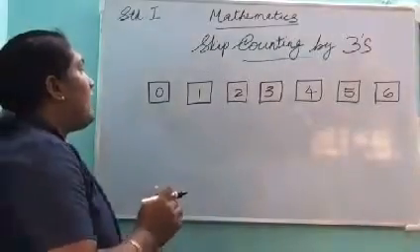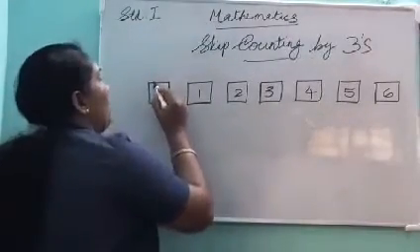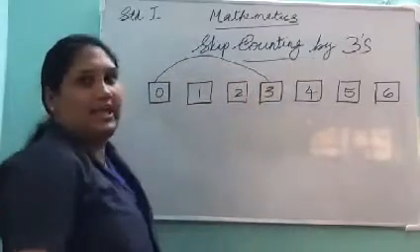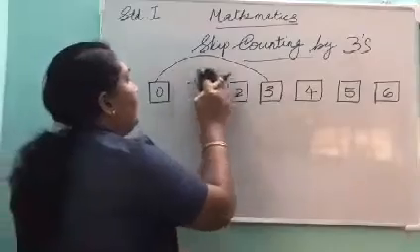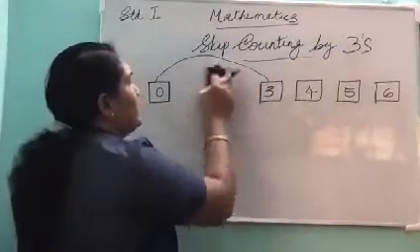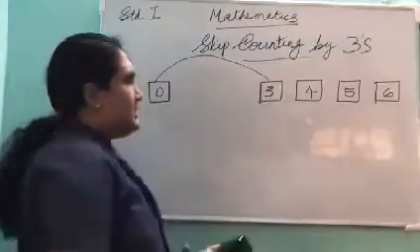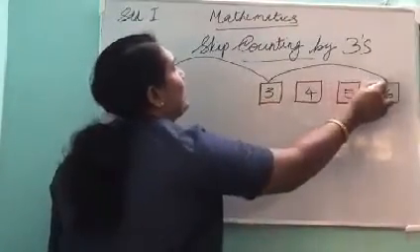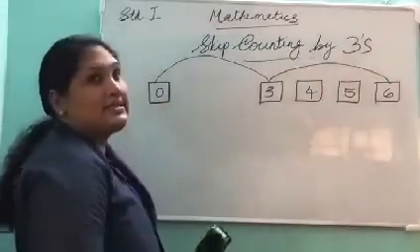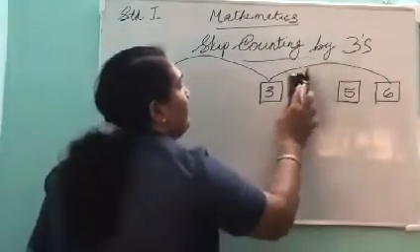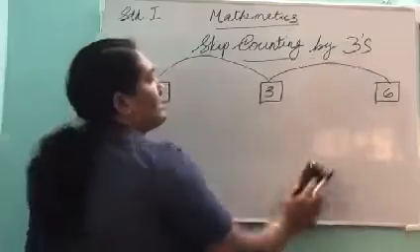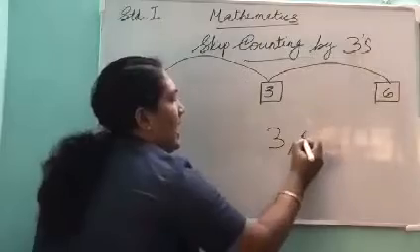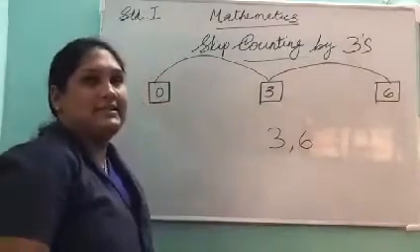Beginning from 0, we jump to 3, skipping two numbers. Again we jump to 6 by skipping two numbers. Which numbers did we get? 3 and 6.